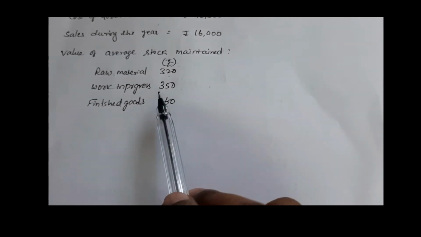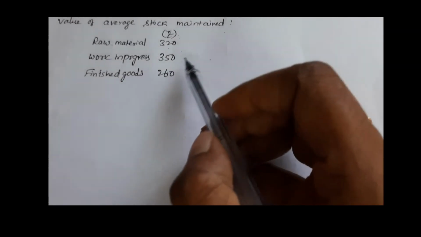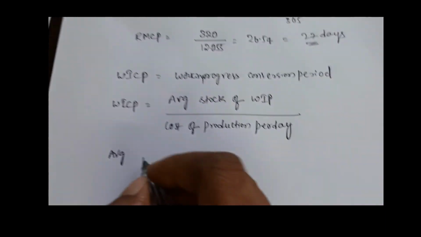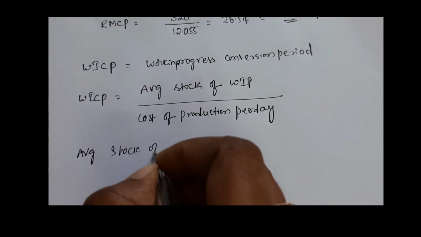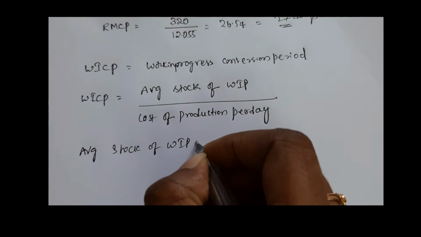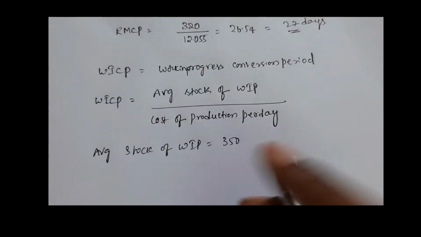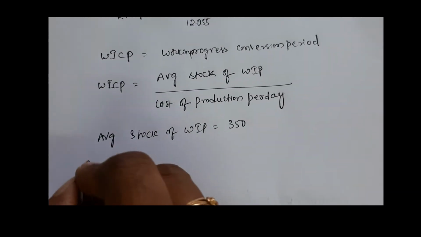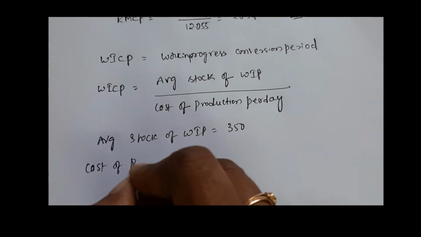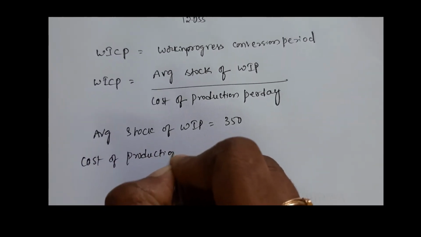And average stock of work in progress is given, 350. Now we need to calculate cost of production per day.